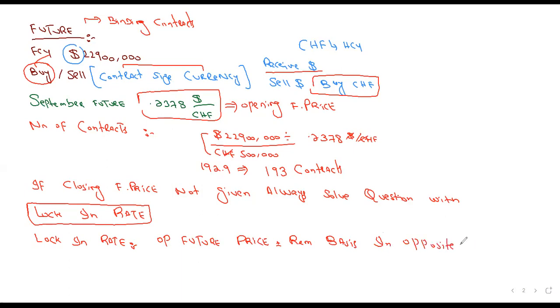See, these are the differences. In the case of the interest rate question, for the remaining basis, we did not say opposite direction. Here you have to follow the opposite direction. That is the rule. What is the opening future price? This one, 0.2378.